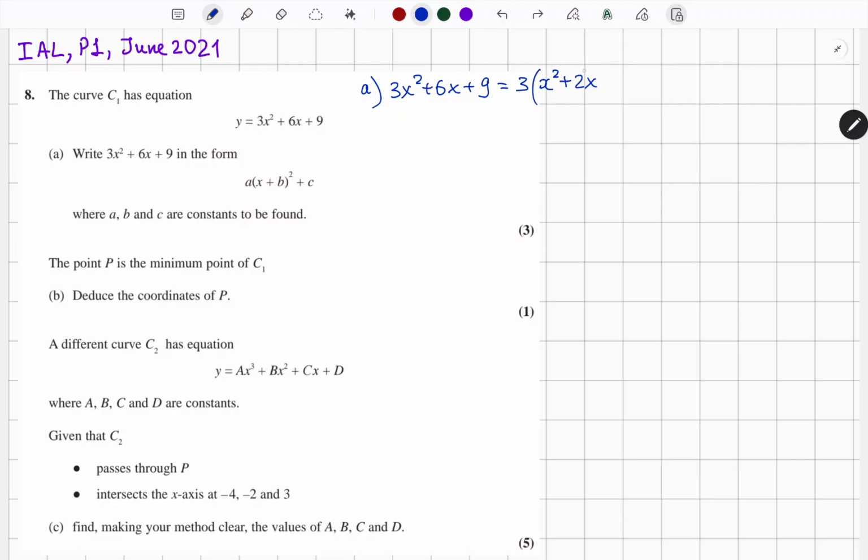There is a clear procedure. You take the coefficient of x, whatever it is, it can be a fraction, it can be an integer. You divide it by 2 and then square the result. 2 divided by 2 is 1, 1 squared is 1. So I have to add 1 to make it a full square.